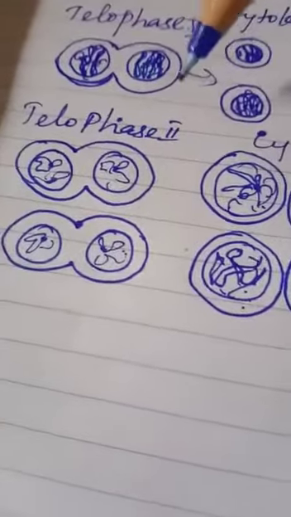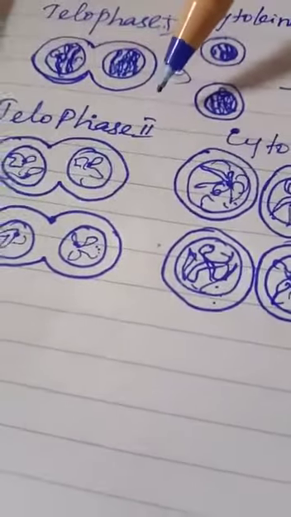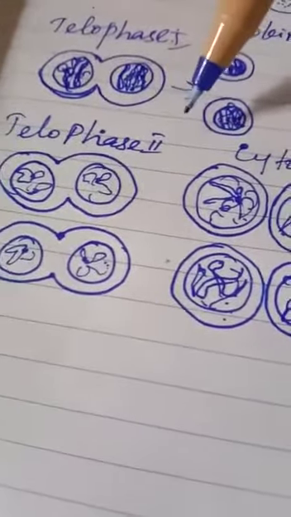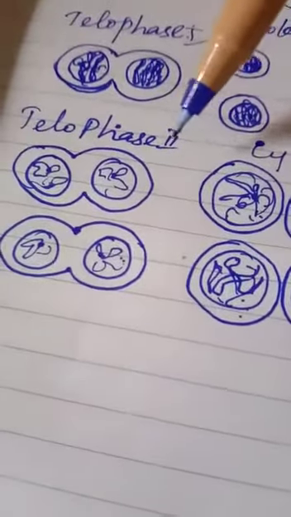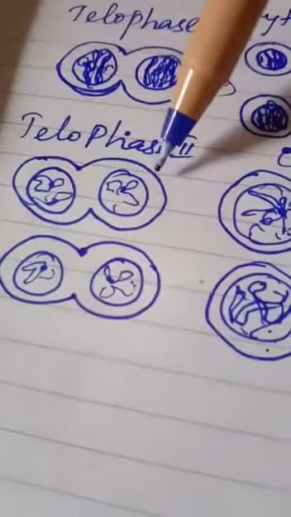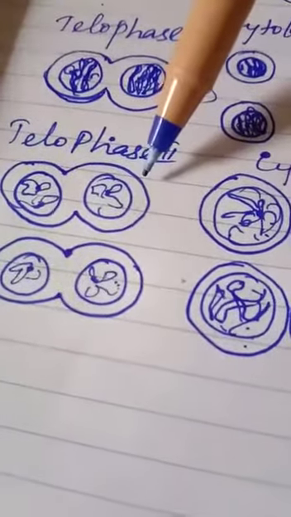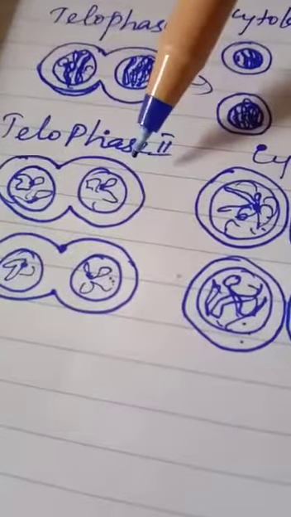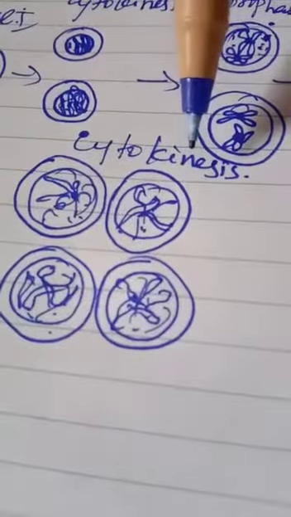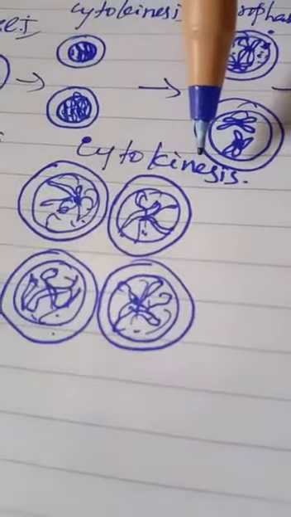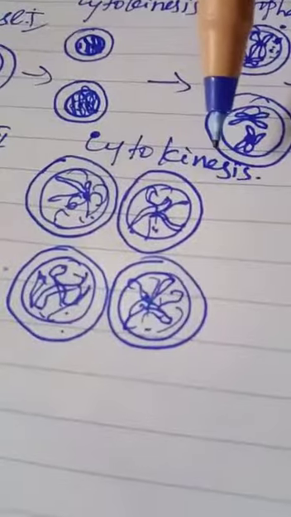The next one is telophase, where the daughter chromosomes are centered, and the nuclear membrane and nucleolus reappear. Here there is no nuclear membrane or nucleolus, but here they reappear. Then cytokinesis 2. In this, 2 cells are formed from each haploid daughter cell.